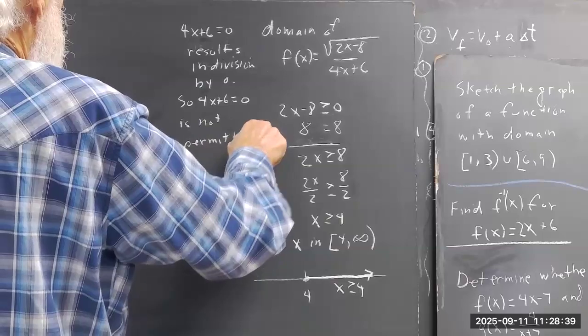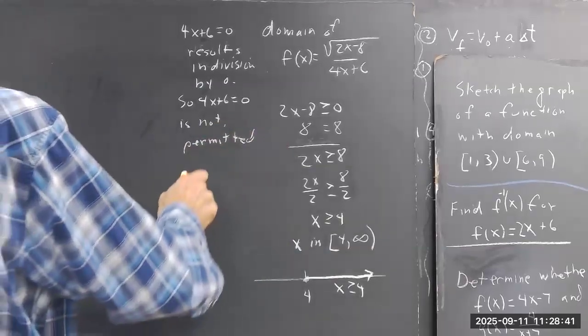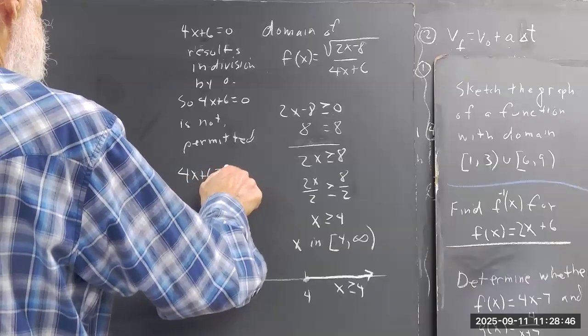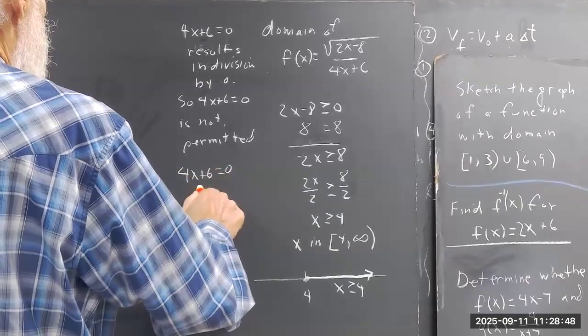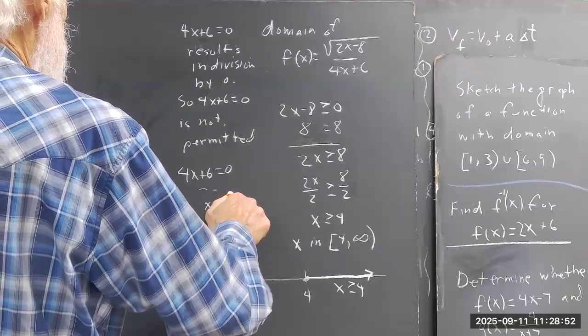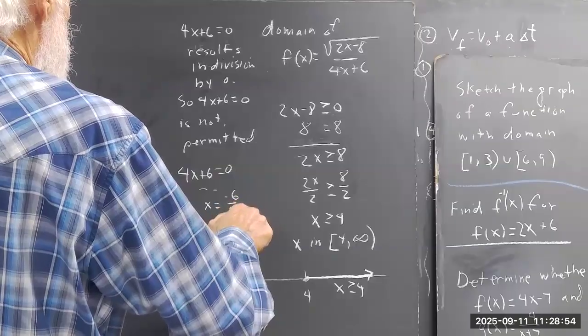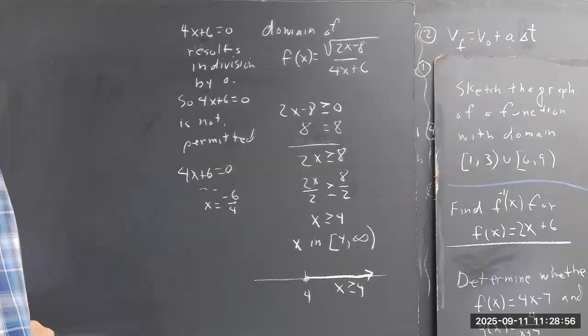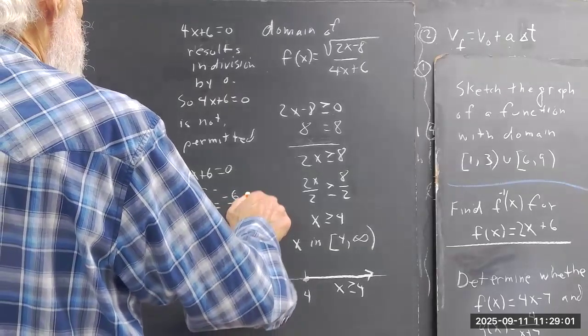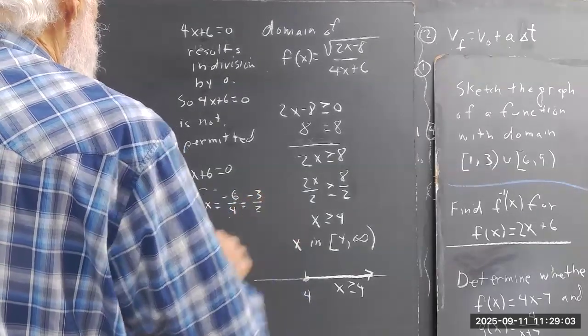I'll say 4x plus 6 equals 0 is not permitted. So we solve 4x plus 6 equals 0. And we do the algebra, and we get x equals negative 6/4, which of course can be reduced to negative 3/2.